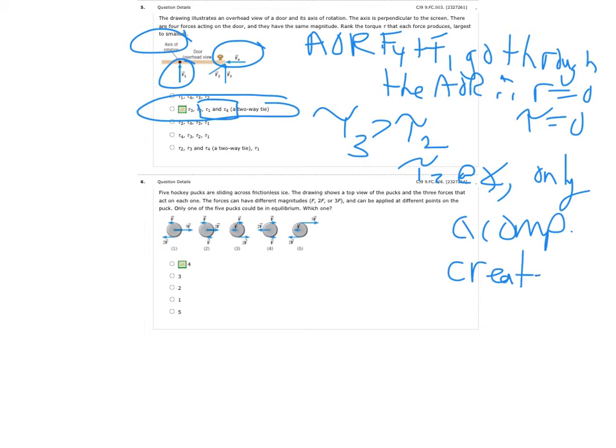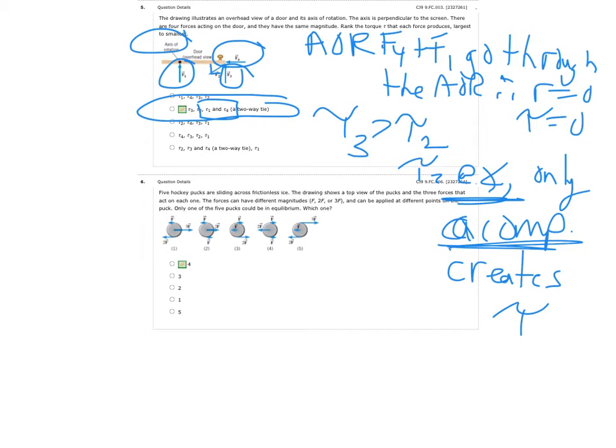Some of you talked about equations and stuff like that, but that was basically what I wanted to see, that you realized it was at an angle, so therefore only one of its components, which is less than the whole of the force, is going to apply torque. So you can see that F3 is going to apply the most torque because it's perpendicular and all of its force is causing a torque.